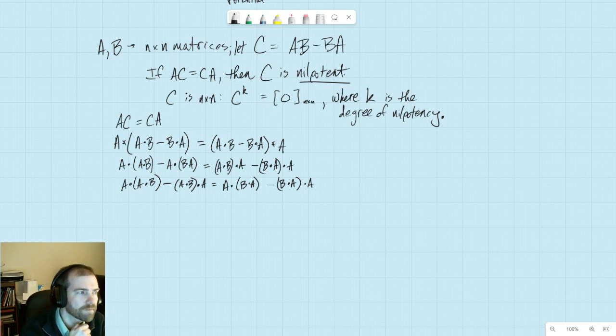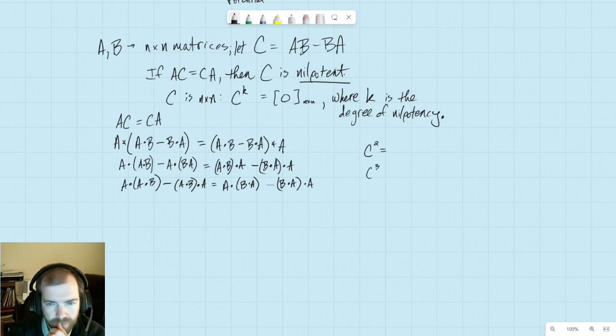The other option is to attempt, probably going to be gross, but attempt to do something like this and see if we can't do induction to show that it's going to work for any n value or k value.